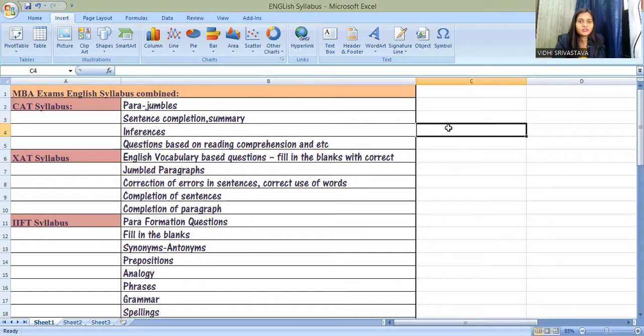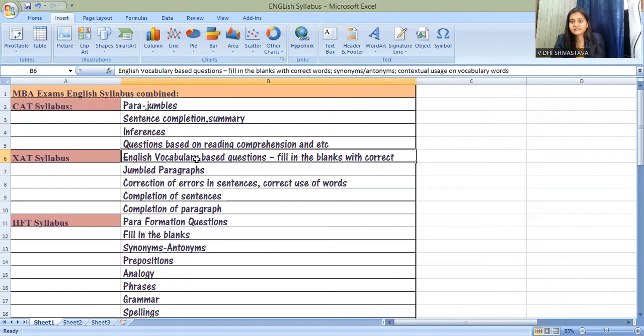Then 3 to 4 questions of parajumble, sentence completion, and summary, all these combined, give at least 8 questions. The remaining questions come from RC. Let's say there are 3 RCs, 5 questions each, so 15 questions of RC. So this is the breakup of your CAT syllabus.